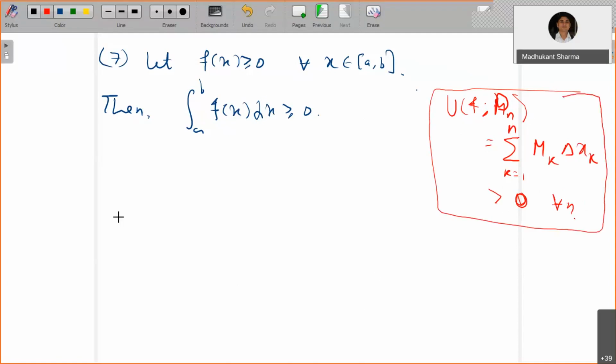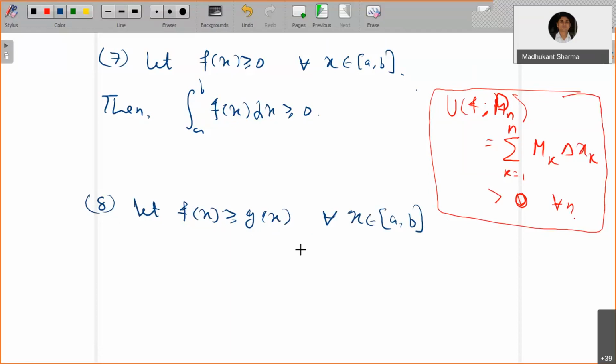Now with this, immediately you can show that if f of x is greater than or equal to g of x for all x belonging to the closed interval [a, b], which geometrically means f lies above the curve g, then certainly the area covered by f is going to be more than the area covered by g, if they both are positive.